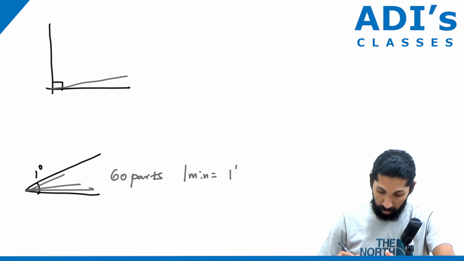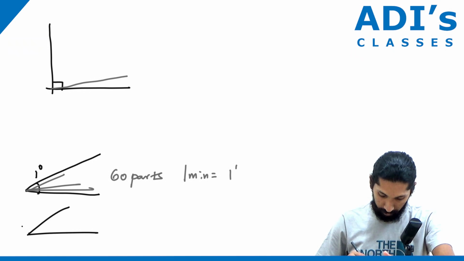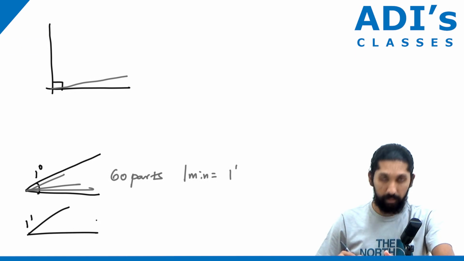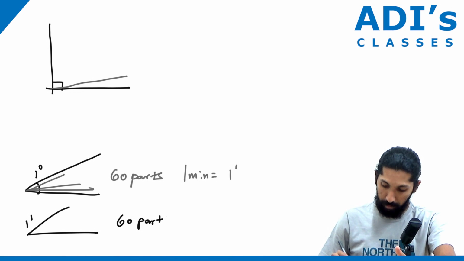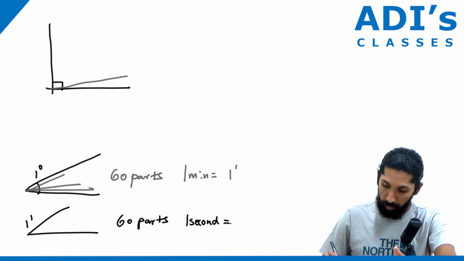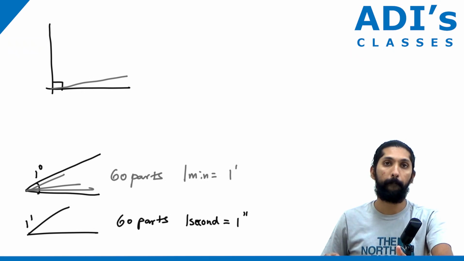That means here, assume that we have 1 minute here. So this is 1 minute. I can further split it into 60 parts, and each of those parts is 1 second, which we can represent this way.